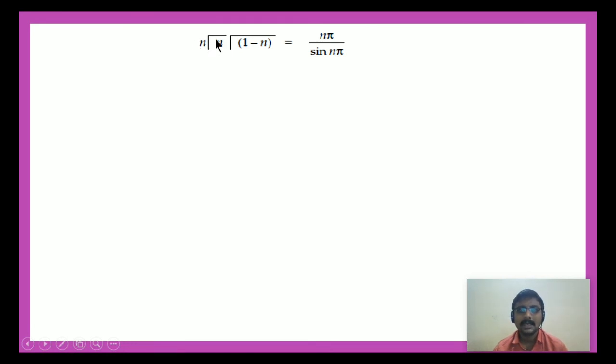But what is n gamma of n? It is nothing but gamma of 1 plus n, because gamma of 1 plus n is n gamma of n. So always gamma of n plus 1 is n gamma of n. Here n gamma of n is replaced with gamma of n plus 1 or 1 plus n. So it is the required proof.